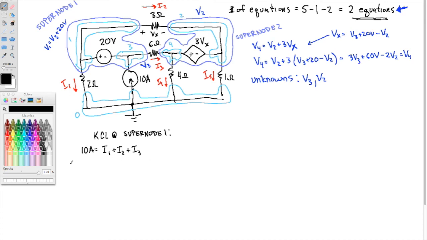Alright, now let's write the currents in terms of our unknowns. So remember, V2 and V3 are our unknowns. So I1 is the voltage at node 1 divided by 2 ohms, but we're not going to write V1, that's not an unknown. We're going to write V3 plus 20, then divided by 2 ohms, plus I2.